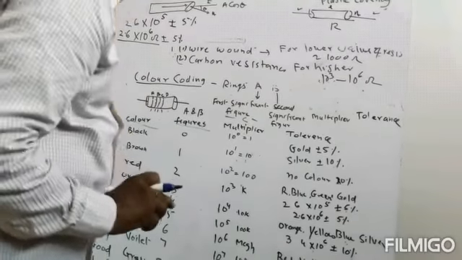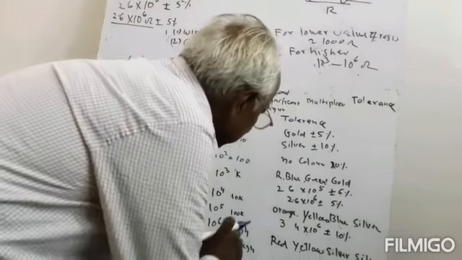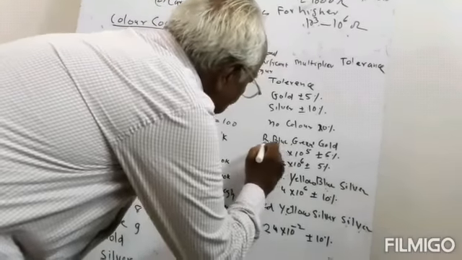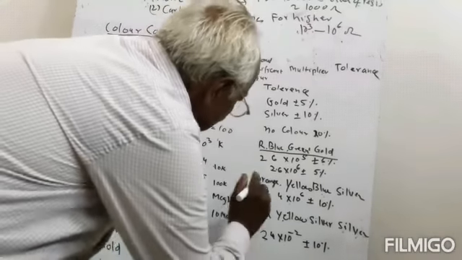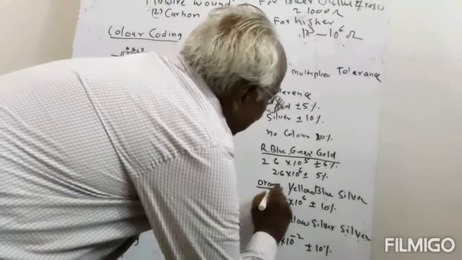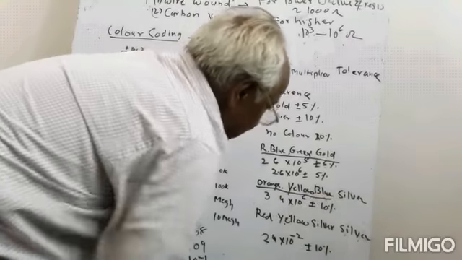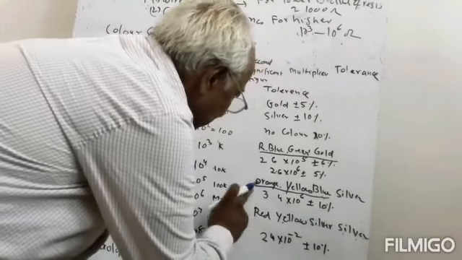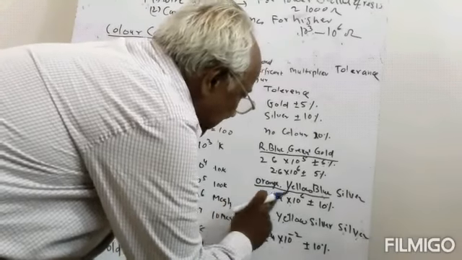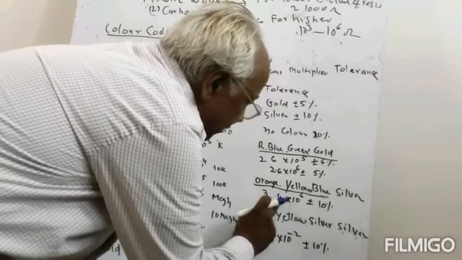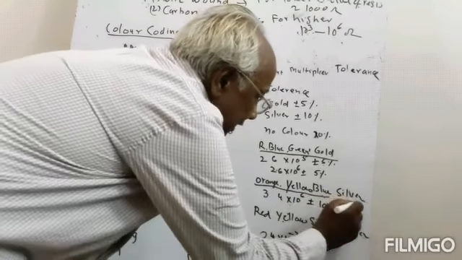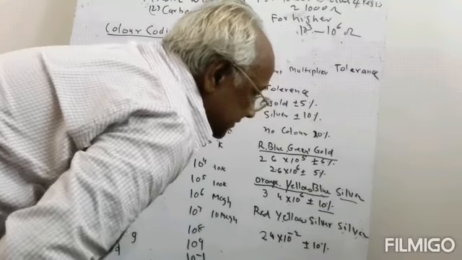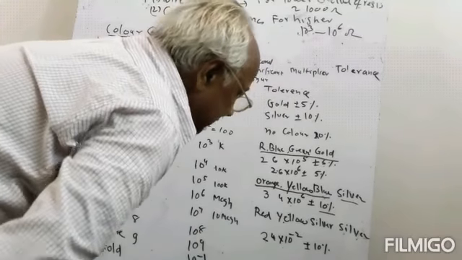Now we take another example. If the color is orange, yellow and blue, then orange is 3, then yellow is 4, 3 into 4, blue is 10 to the power 6, plus minus silver, so it is plus minus 10%.